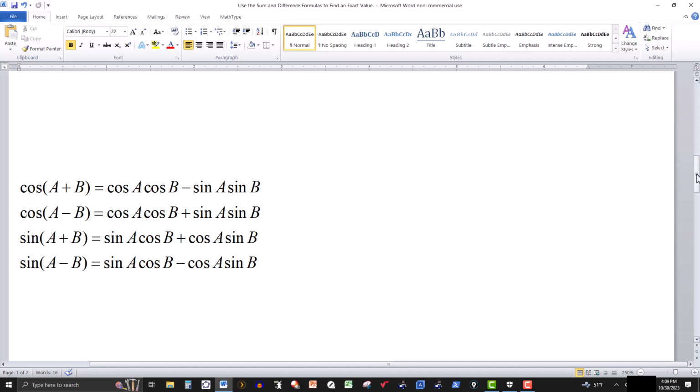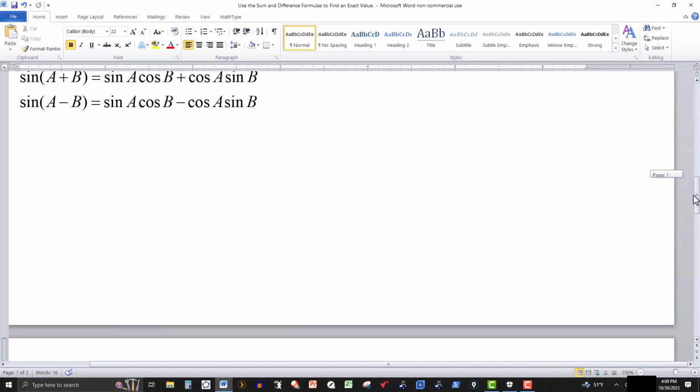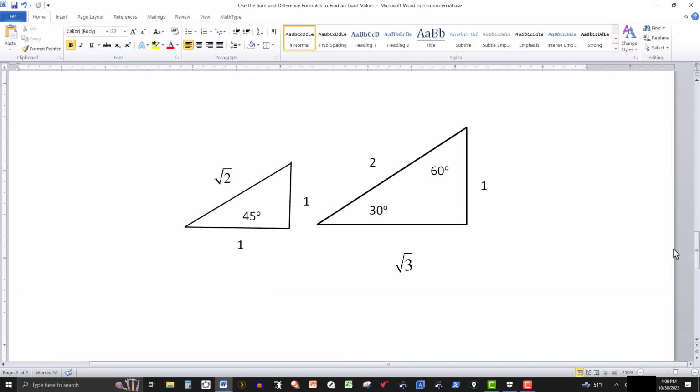So when you're working these types of problems, one thing you need to know is your reference triangles. It makes it easier if you know the sine of 60, or the cosine of 60, or sine of 30, cosine of 30, using the 30-60 right triangle. So this again is 90 degrees here. This is 90 degrees here. This angle, of course, is also 45.